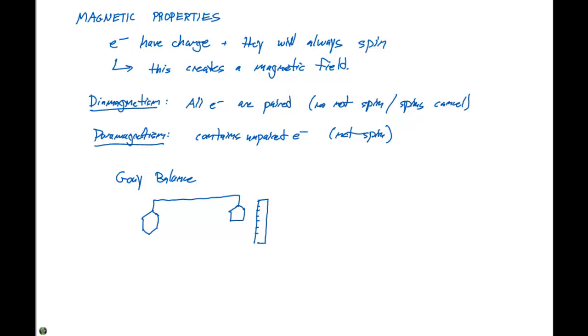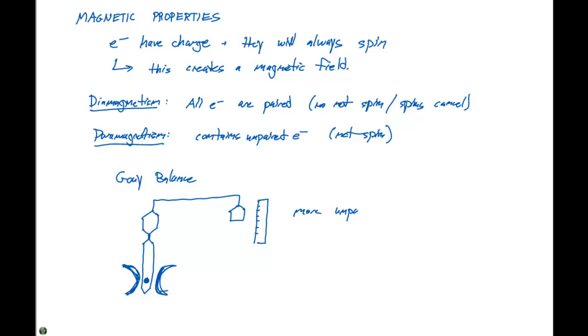On the other end of this balance, we connect a sample or a chamber that houses a sample, whether it be our atom or our compound or whatever we're looking at, and then we induce a magnetic field. So the question is, does this magnetic field repel this species right here? If there's a repulsion involved, this balance is going to move.